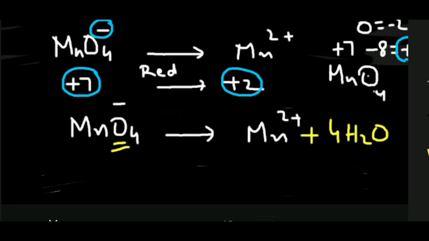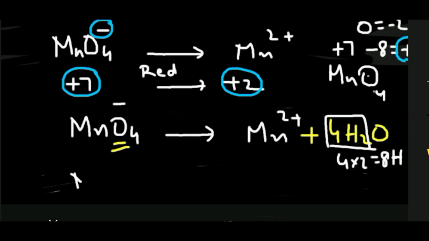After balancing the oxygen atoms by adding 4 H2O molecules, we have to balance the hydrogen atoms. We know that here we have 4 into 2, that is 8 hydrogen atoms on the product side. In order to balance the hydrogen atoms, we have to add 8 hydrogens on the reactant side.